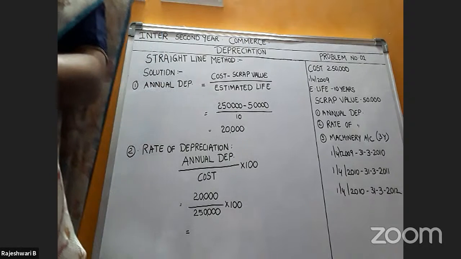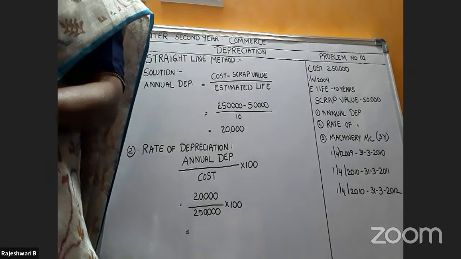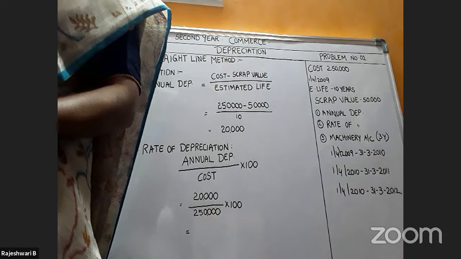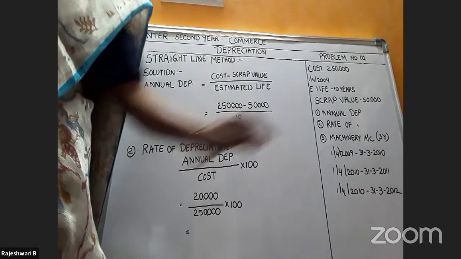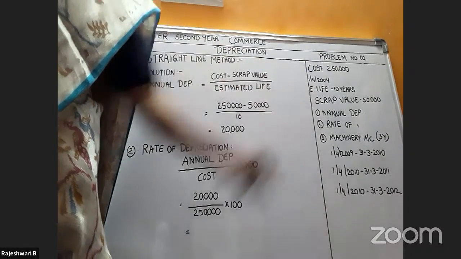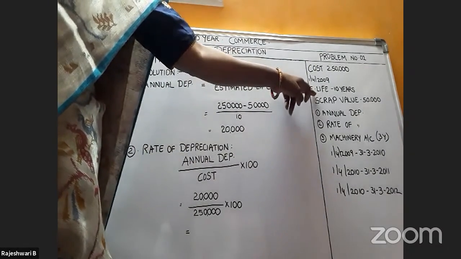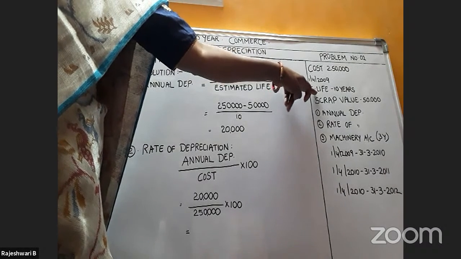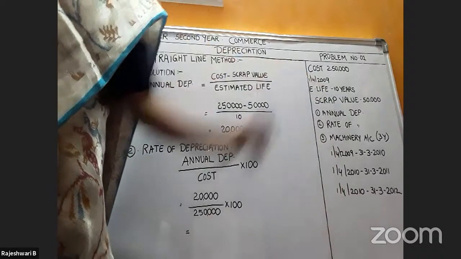The cost is 2,50,000 and the estimated life is 10 years. Estimated life means how many years the asset will work. The lifetime of that asset is 10 years.